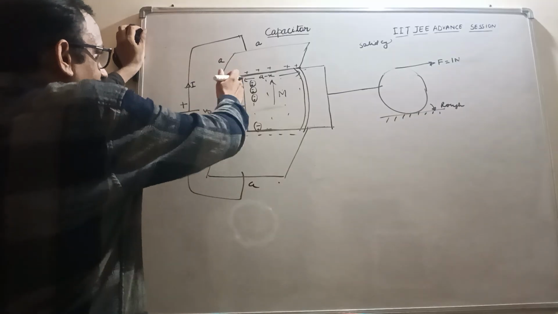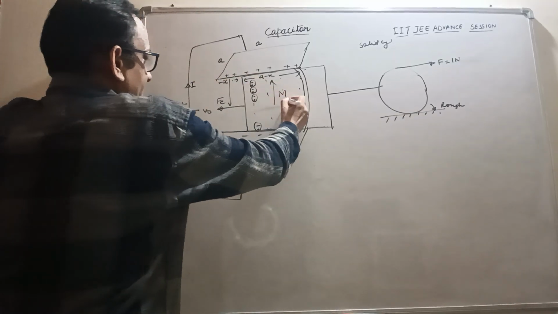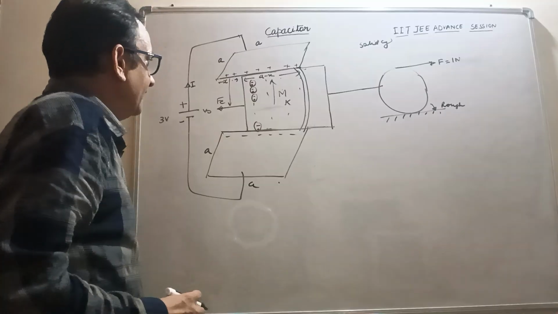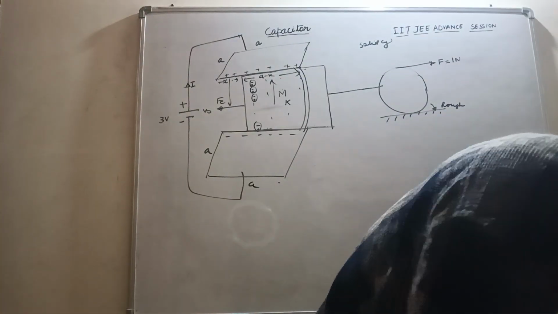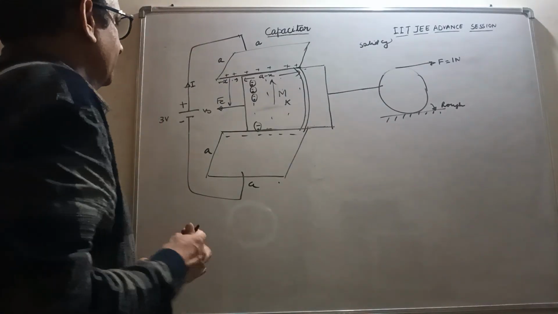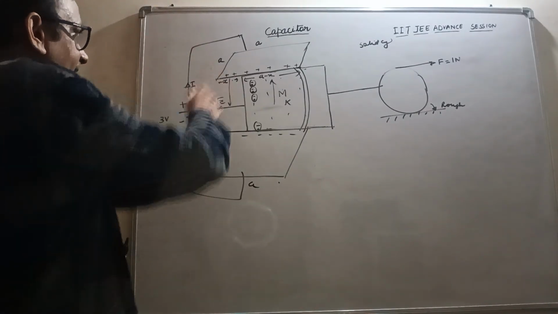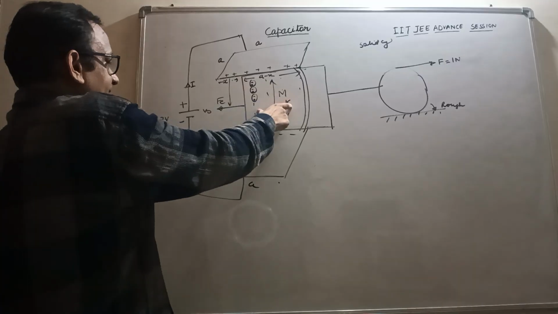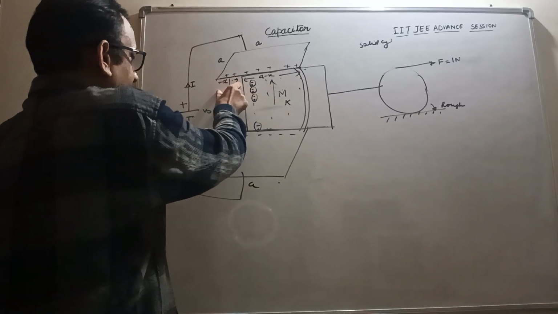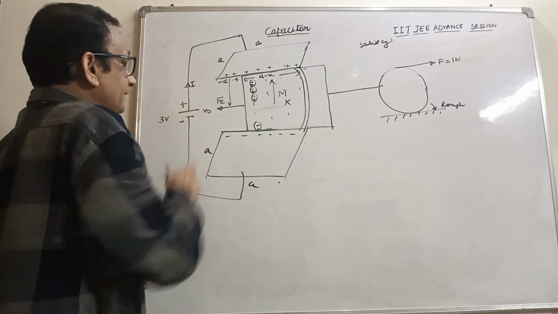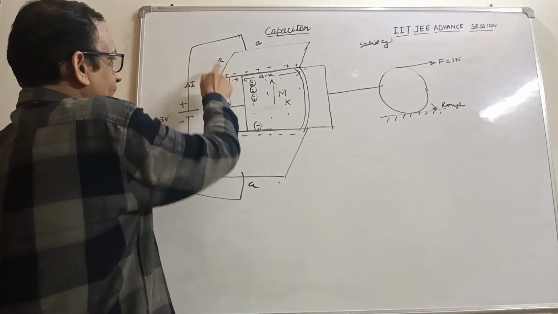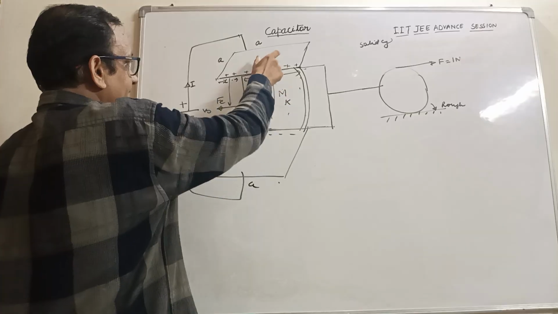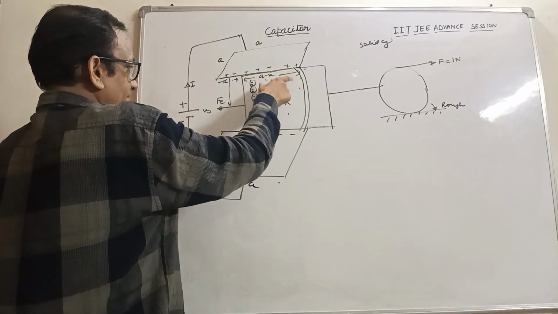Here in the capacitor, in this region there is air, and in this region there is dielectric K. For the dielectric region, the length is x and the width is A, so x times A is the area of this region's capacitor, and the area of the air region would be A minus x, times A.